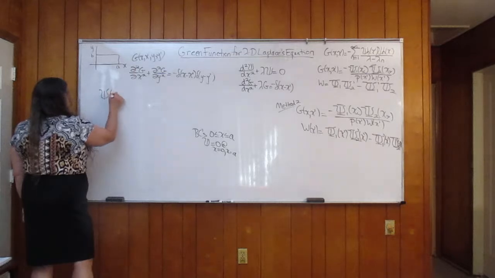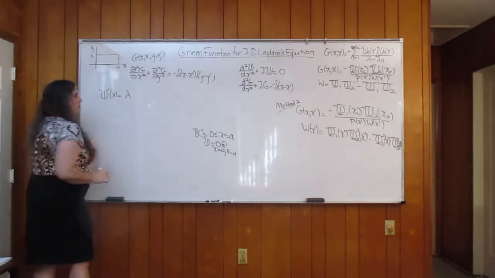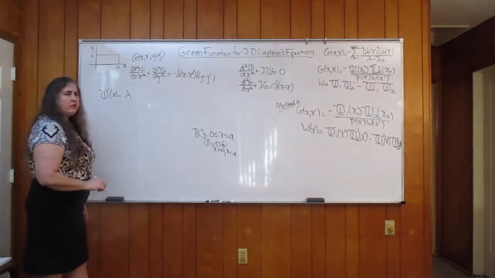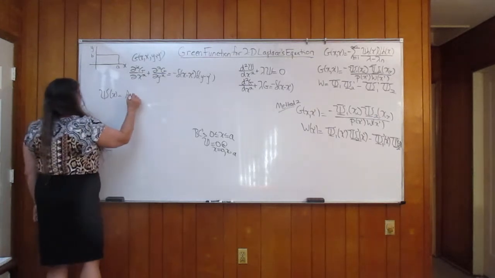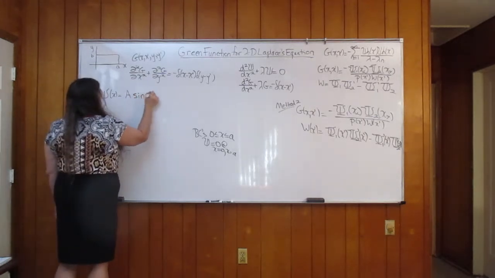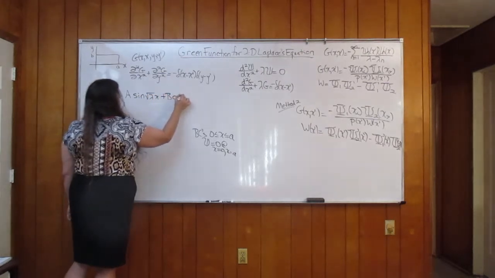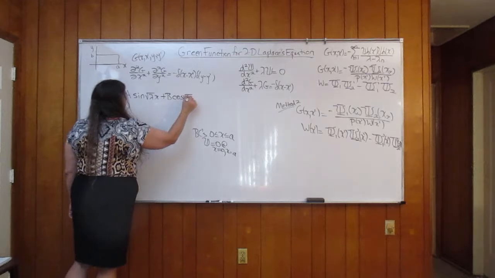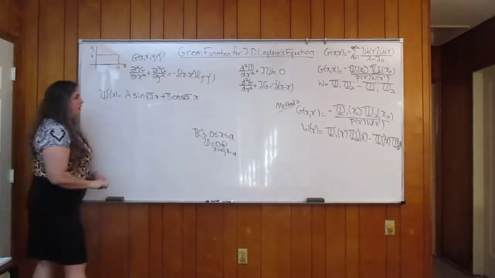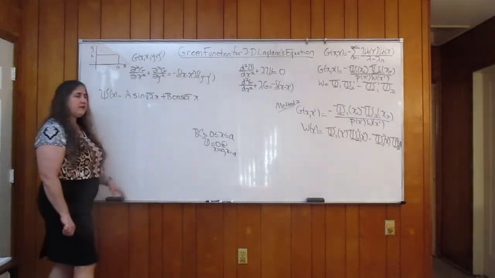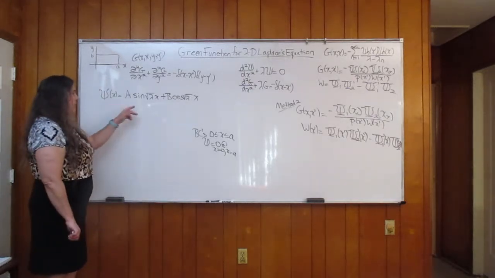Well, psi of x is equal to some constant. Immediately I see that's just going to be a linear combination of cosine and sine. So say this is a sine square root of lambda times x plus b cosine square root of lambda times x. Okay, first boundary condition is that psi must vanish at x equals 0.